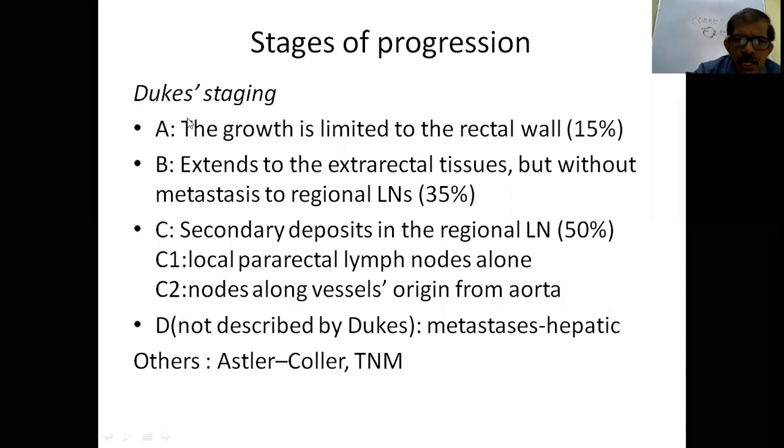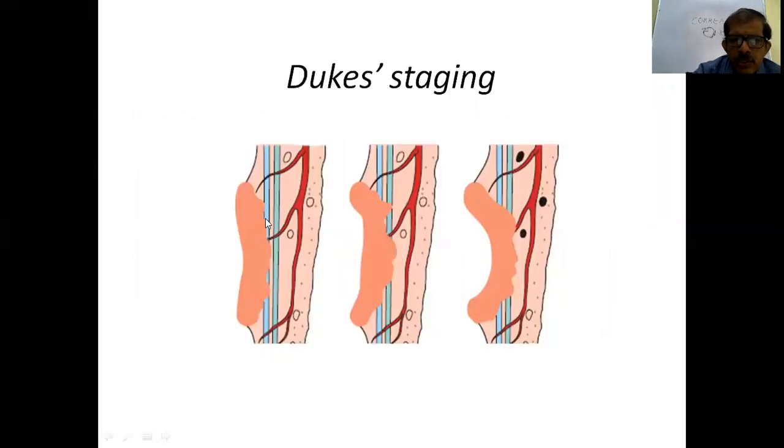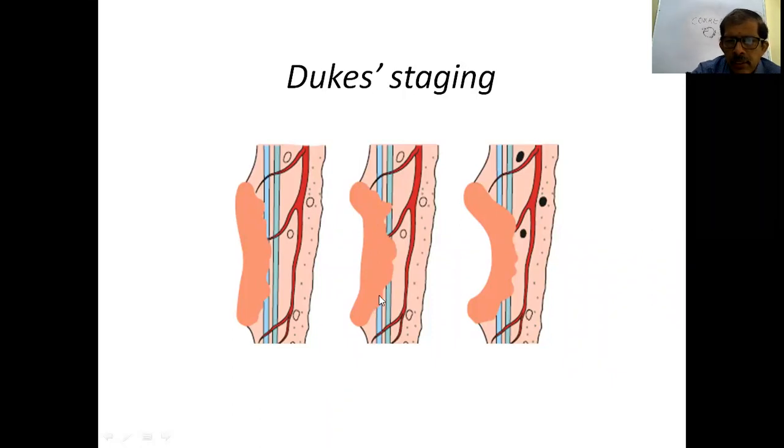Dukes did not propose D, but it is customary to describe the metastasis as Dukes D. This is in pictorial form. See here, it has not penetrated the rectal wall. It is limited to the rectal wall, so this is Dukes A. Whereas when it has penetrated into the extrarectal tissue, this is B, and when it has gone to the lymph nodes also, that is C.